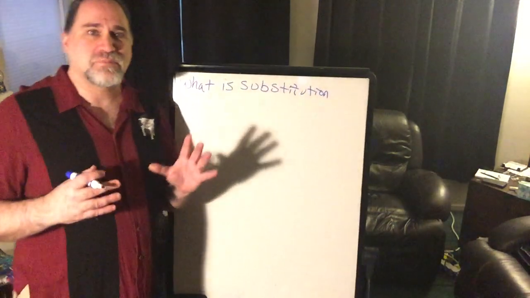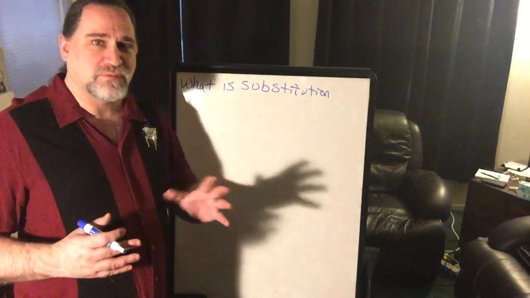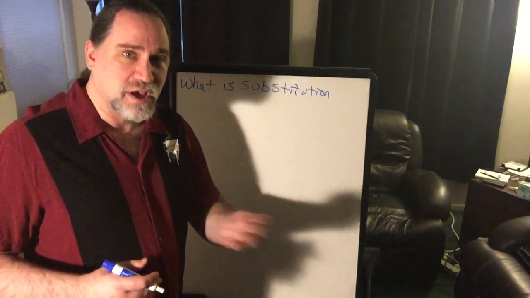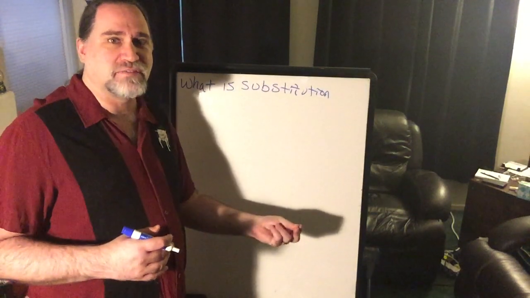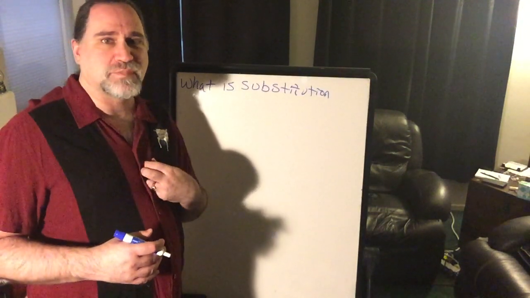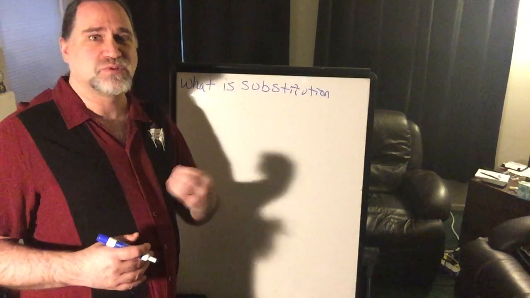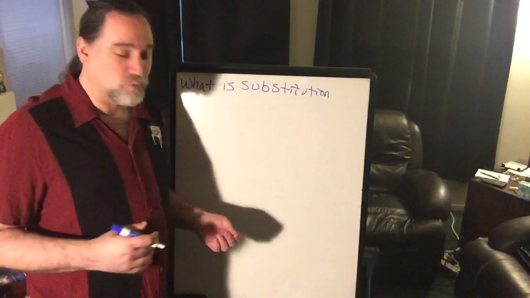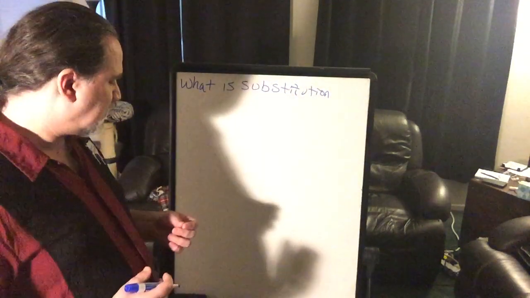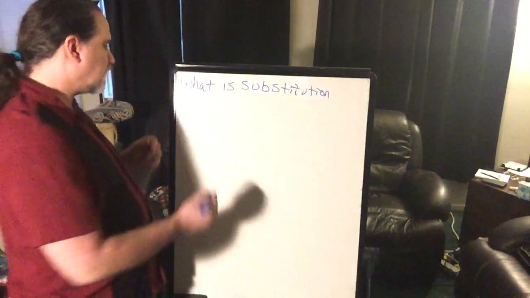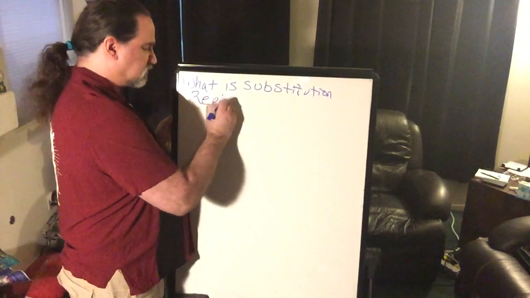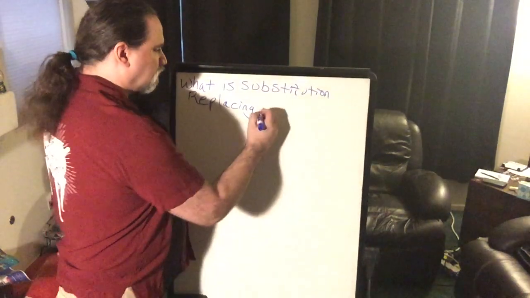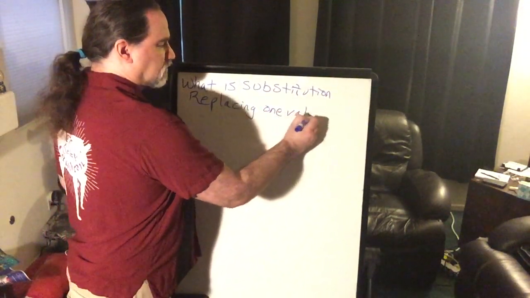Now, when we do it mathematically, we do it all the time. In fact, we've done it quite a bit recently, where we put in a value for x. We've substituted a value for x so we can then find the value for y. So this is just replacing one value for another.